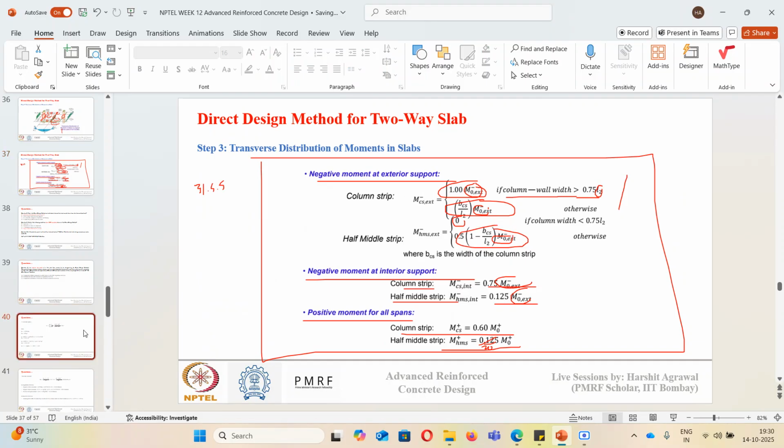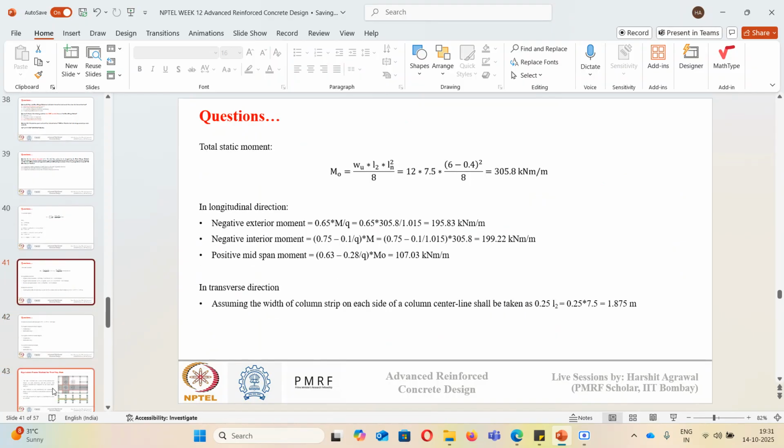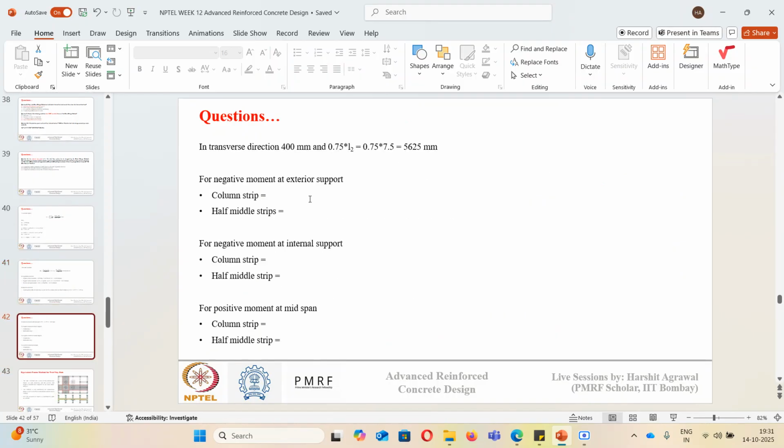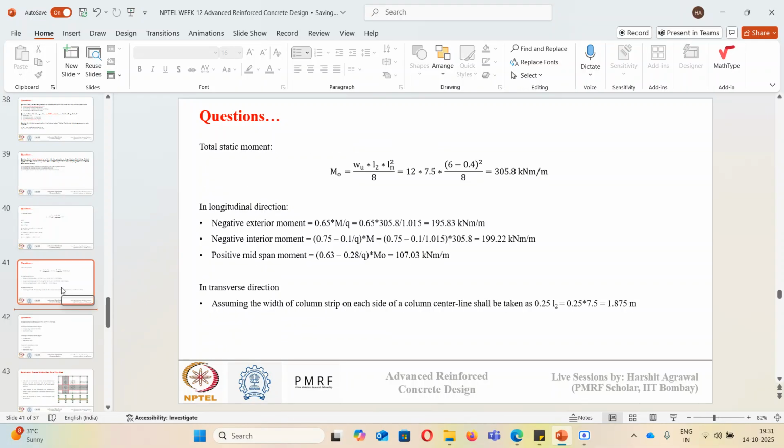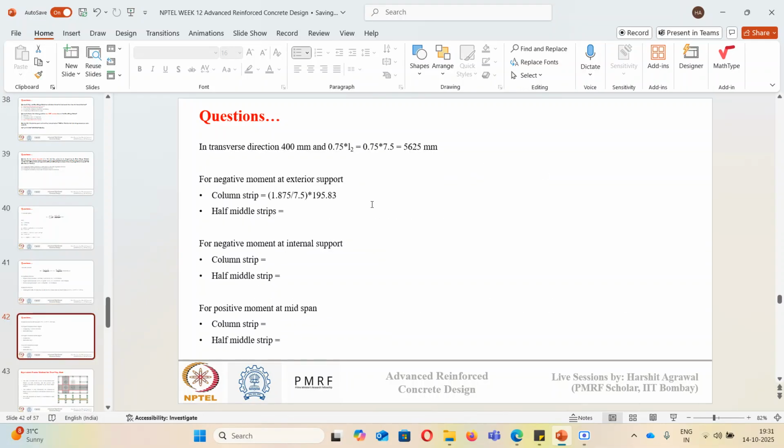Now we'll have the column strip, negative moment at the exterior support. The column strip will be given by the width of the strip, which is 1.875, upon L2, which is 7.5, into the moment at the exterior column, which we calculated as 195.83.